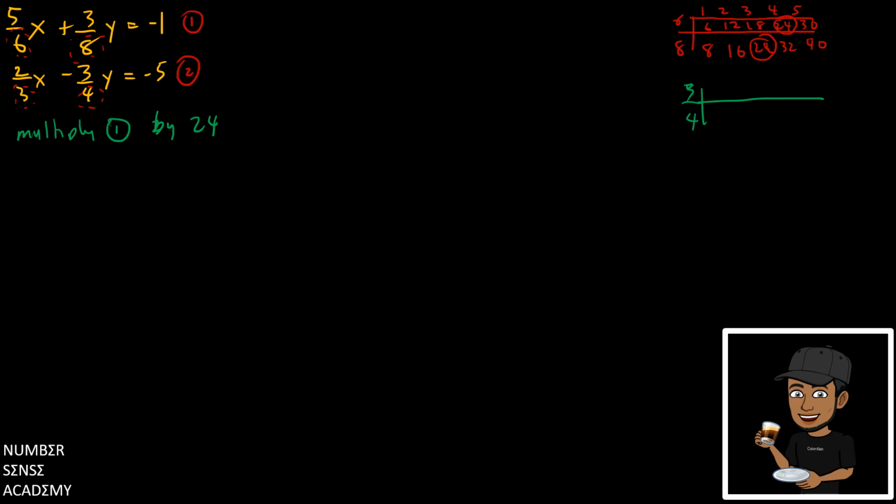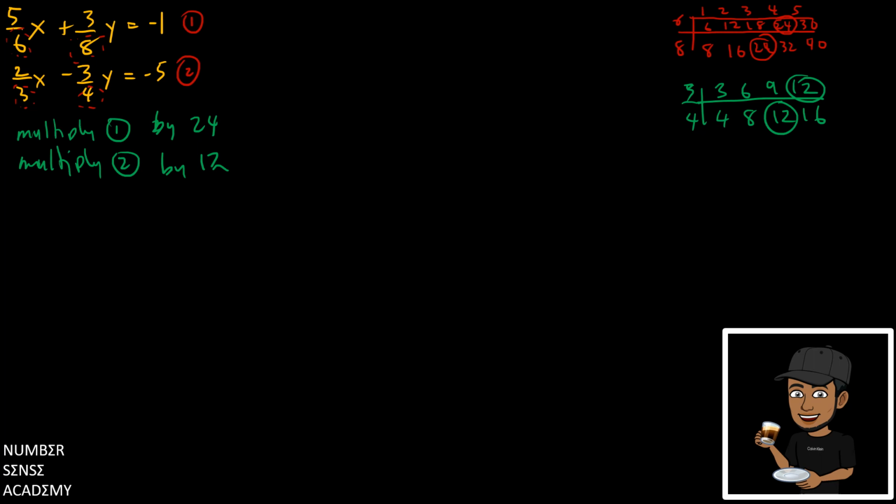You probably already know what works. So 3 times 1 is 3, 6, 9, 12. And then 4 times 1 is going to be 4, 8, 12, 16. And I already spotted the 12s. So I'm going to take the 12. So now I'm going to multiply equation 2 by 12.